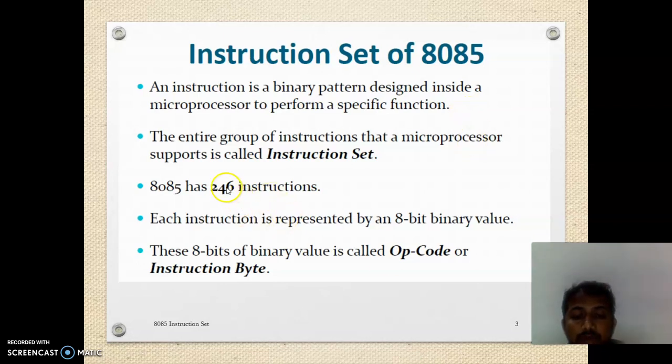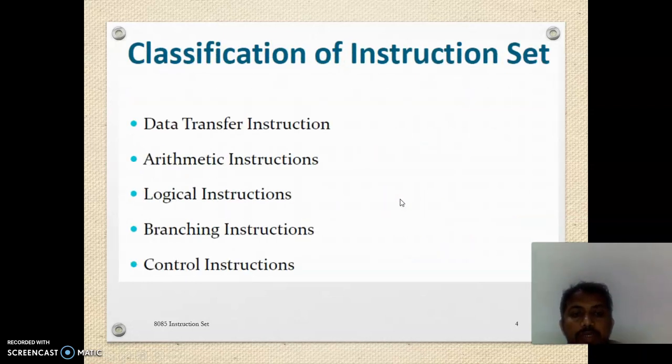In the 8085 microprocessor, we have a total of 246 instructions, and each instruction is represented by an 8-bit binary value, which is called an opcode or instruction byte.